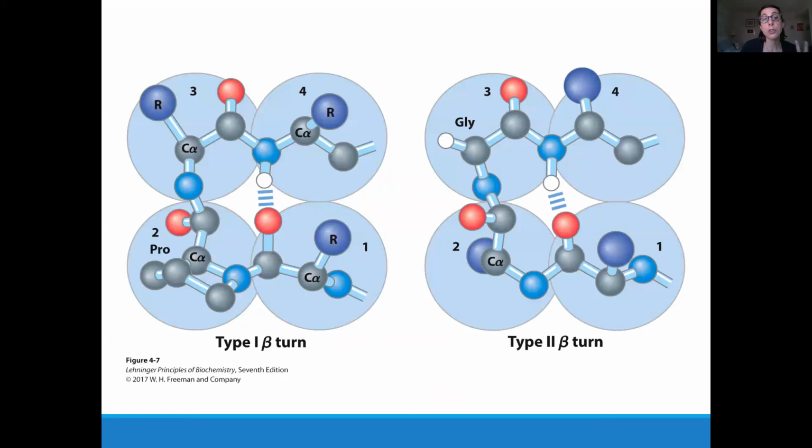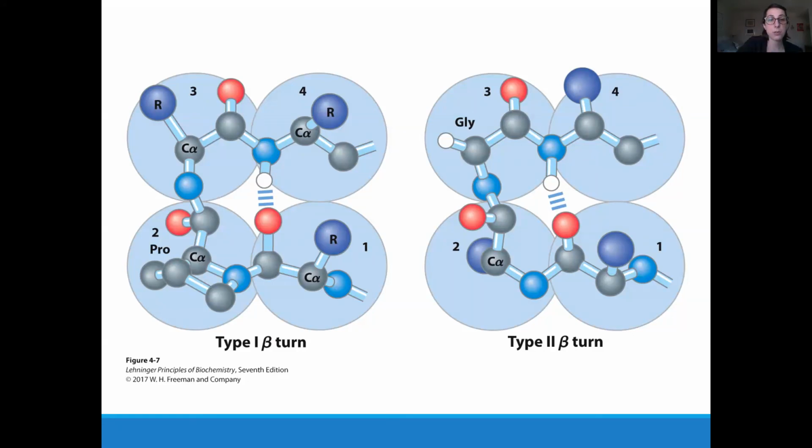There are 2 types of main turns that occur within a beta sheet. We call this a type 1 beta turn or a type 2 beta turn. Type 1 beta turn occurs more often, almost twice as frequently as the type 2.